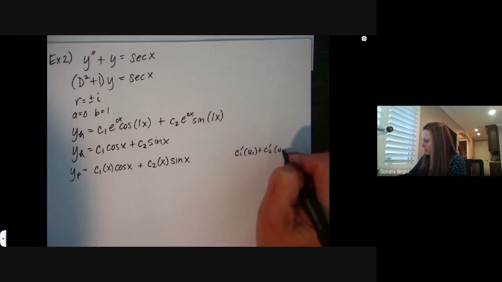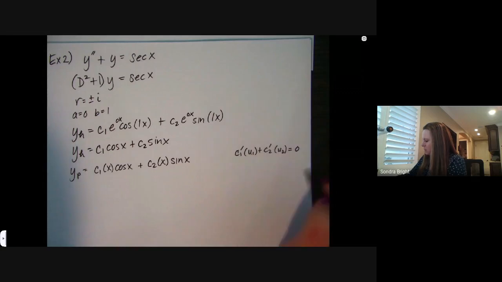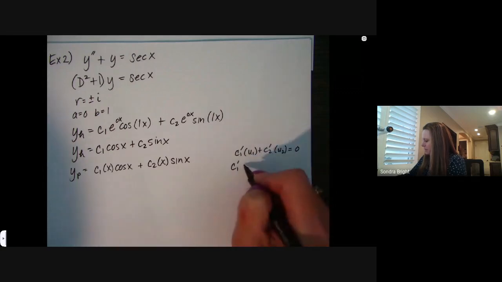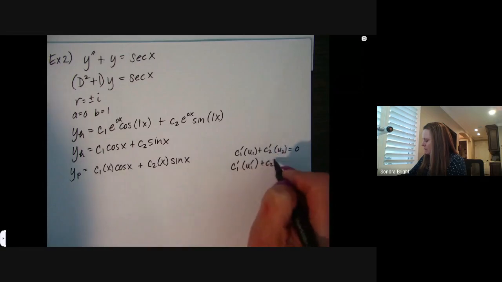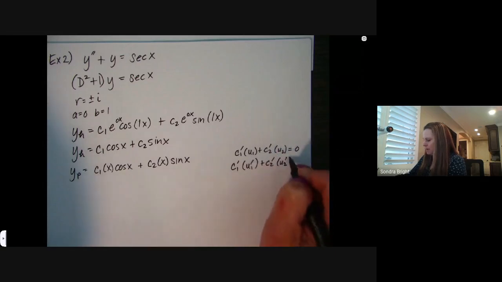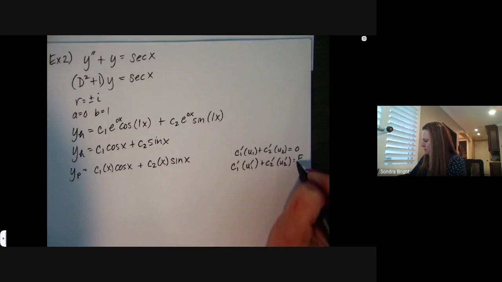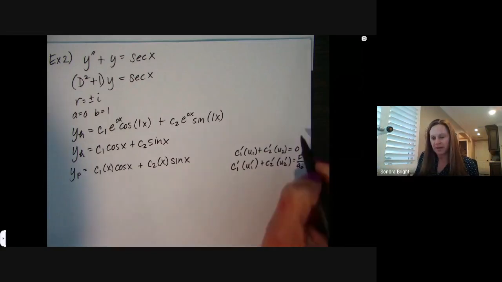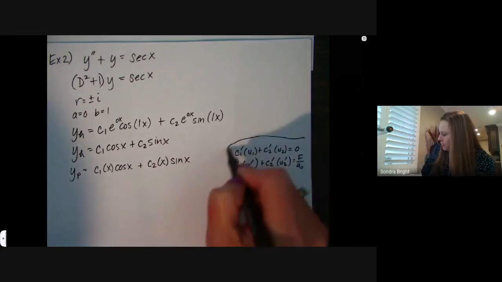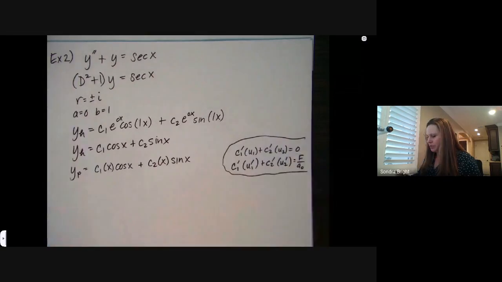We also do c1 prime times u1 prime plus c2 prime times u2 prime, equal to f over a naught. That's just my little side note for you to refer to. This is the particular as long as it satisfies both of these equations.